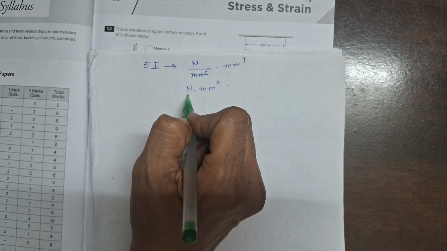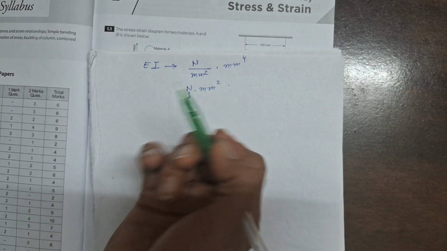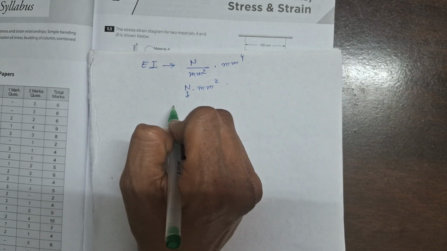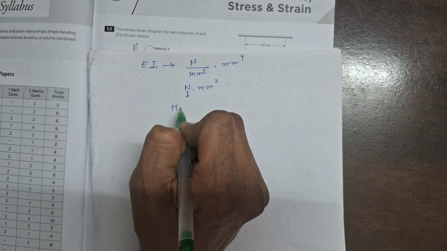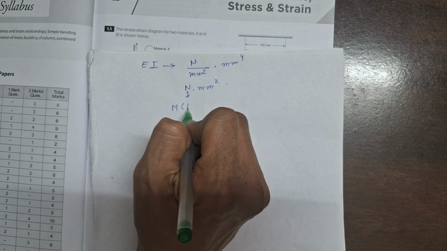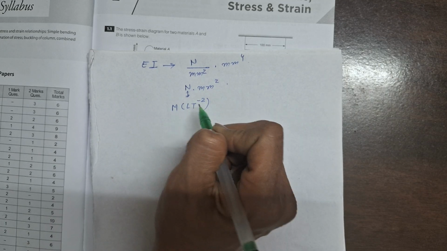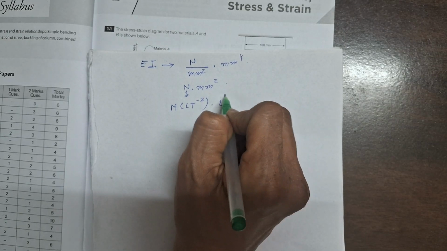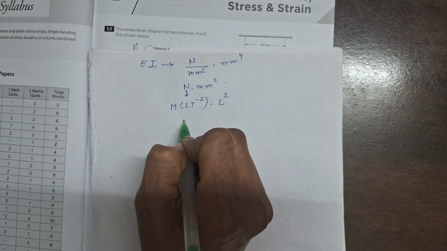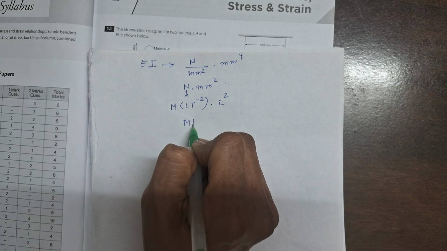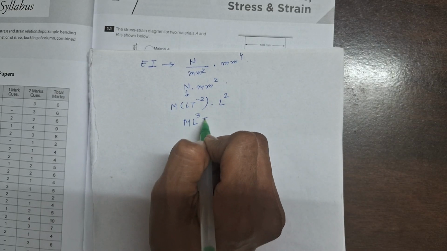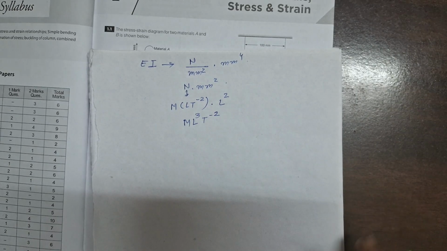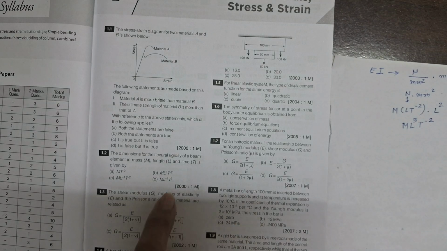Newton is basically force, so force is mass into acceleration. Acceleration is L t raised to minus 2, meter per second square. And mm square means length square. So the answer in terms of MLT will be M L cube t raised to minus 2. So what is the answer? Yes, B is the answer, right?